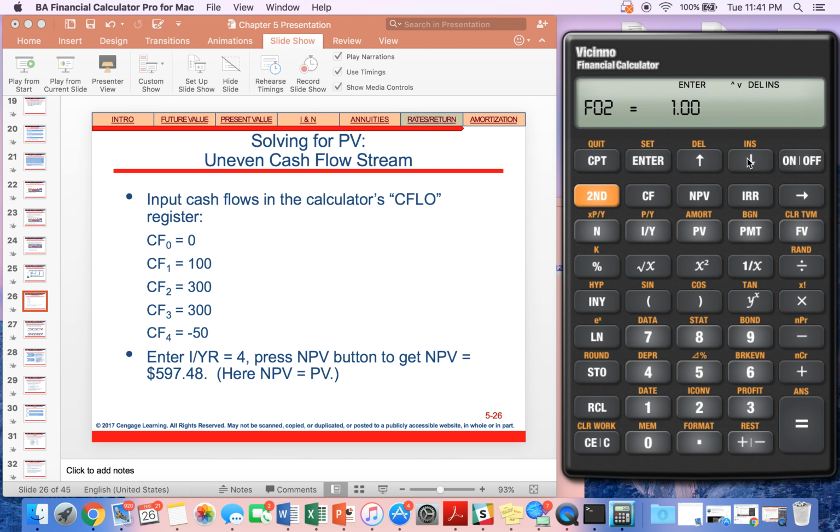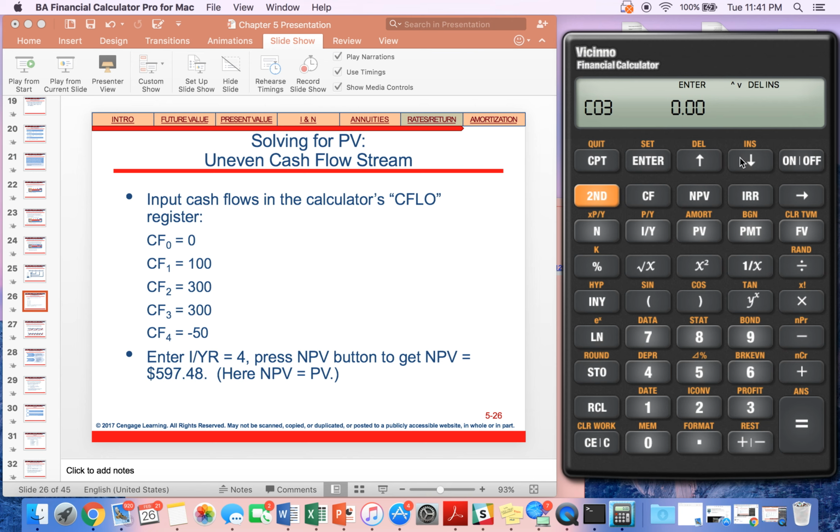Now if you get really comfortable with your calculator, for simplicity we're just going to enter 1 here, but if you become very comfortable with this cash flow register, you could plug in 2 here in your frequency for cash flow in year 2, because technically that cash flow of 300 does repeat itself in year 2 and in year 3. But for right now, let's just keep it simple.